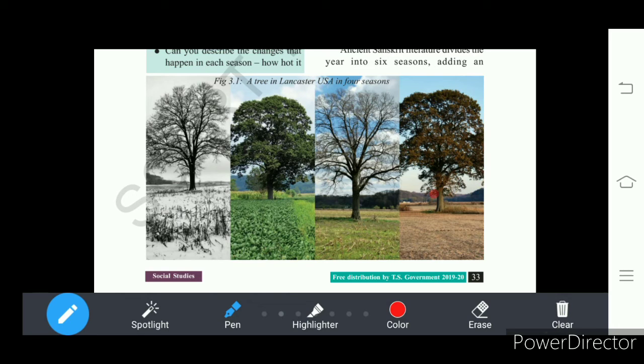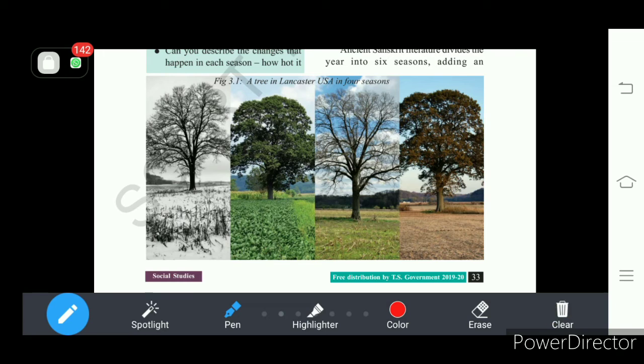So what do we see here? There are changes from the first to the second, third, and fourth.